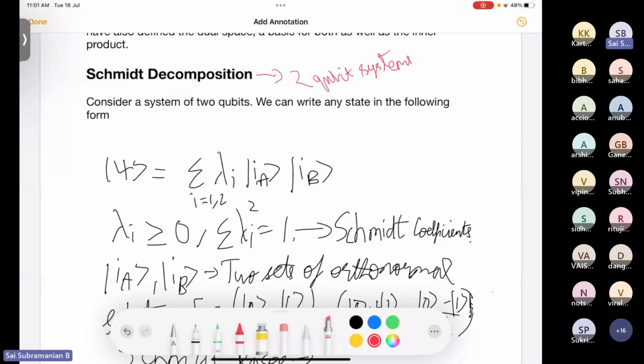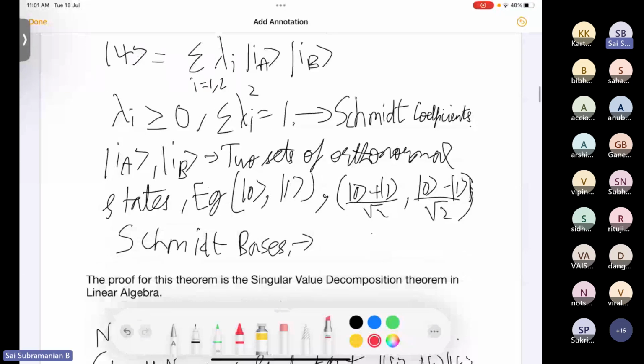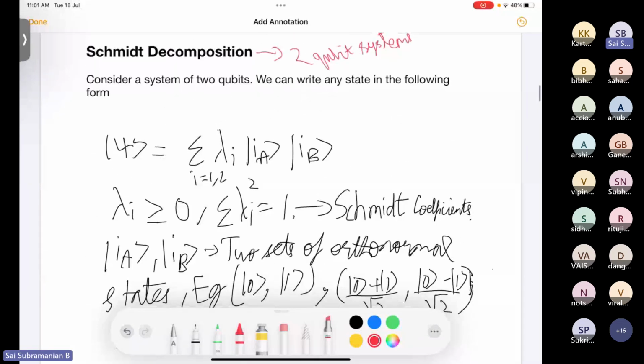So consider a system of 2 qubits. If we have a system of 2 qubits, typically how do we write them? Let me use the notation alpha 00 times |00> plus alpha 01 times |01> plus alpha 10 times |10> plus alpha 11 times |11>.